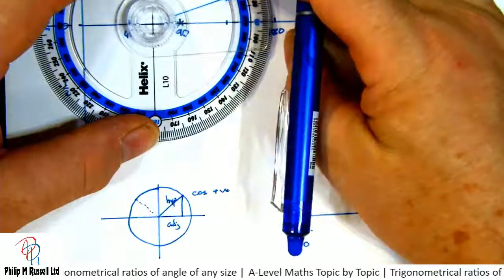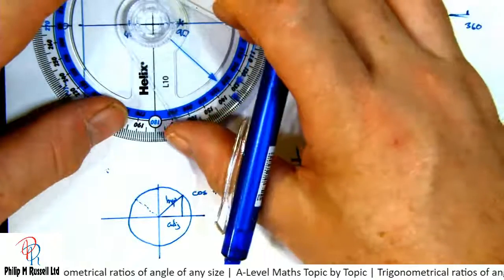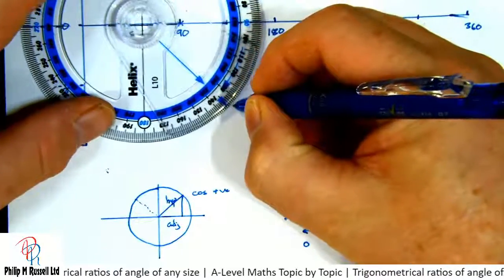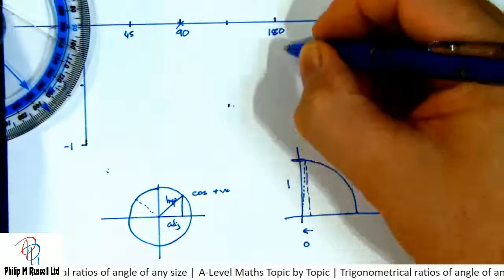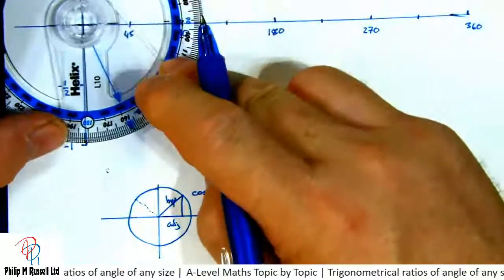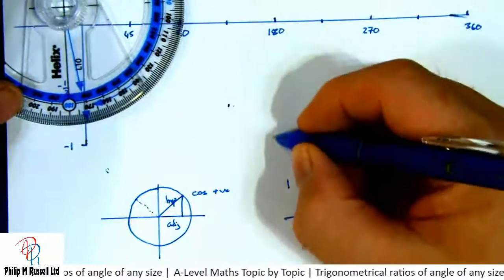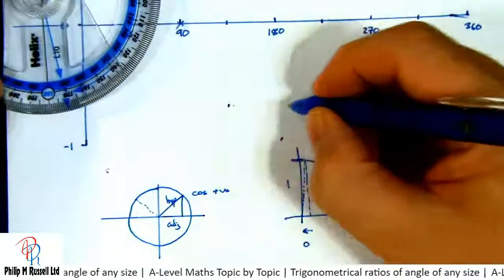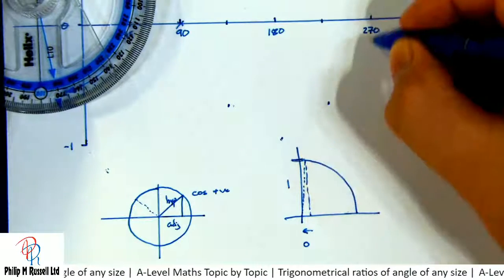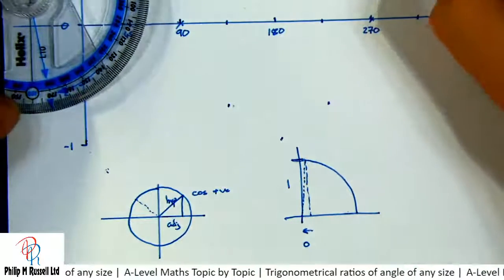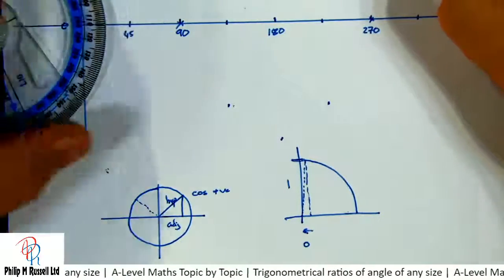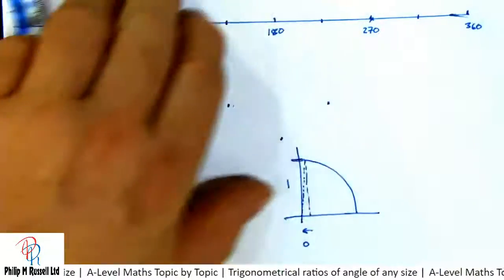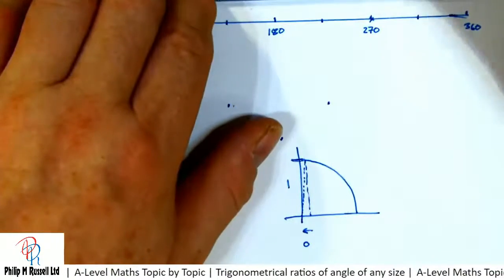There's Philip not being able to read where the 45 was. There it is. So that's about there. Keep going around to 180 degrees, which is going to be down here. Our 270 is going to be there, there, and our 360 is going to be about there and up here.